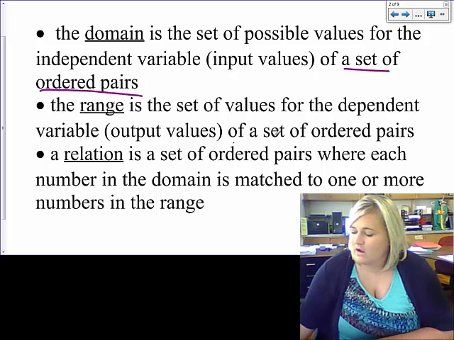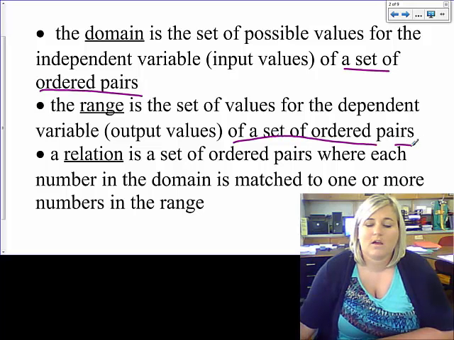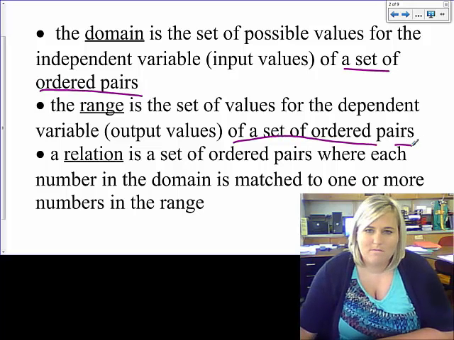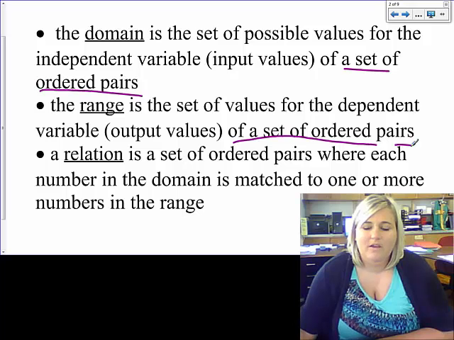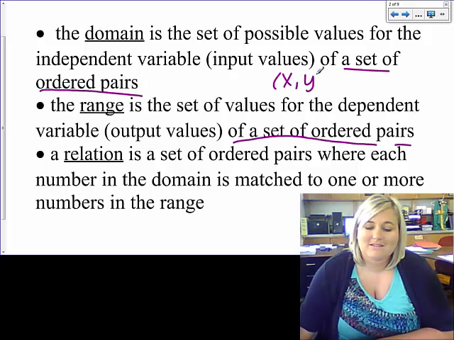Let's reflect back on what your knowledge of an ordered pair is. Hopefully you remember that we use ordered pairs to graph, and ordered pairs are always in the form of x, y, where x is our input and y is our output.